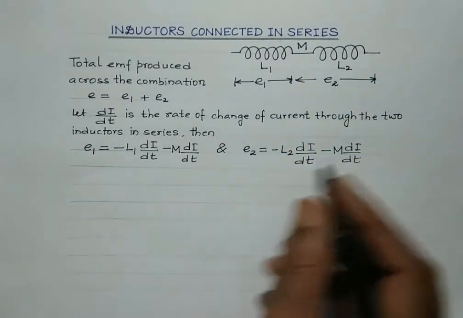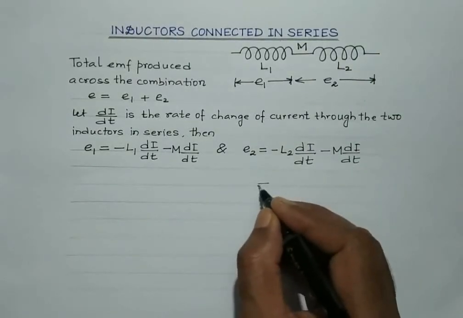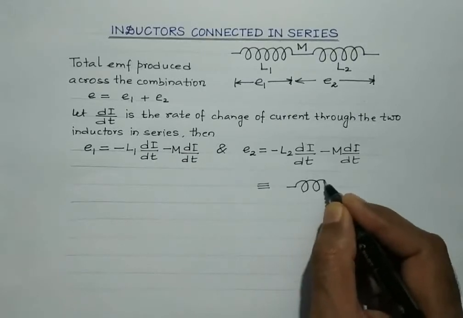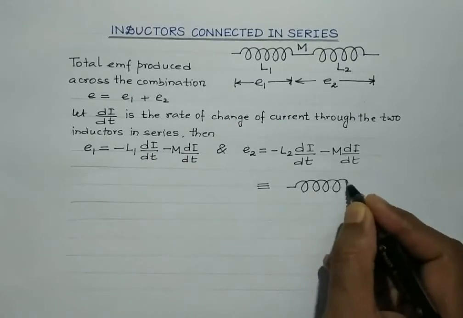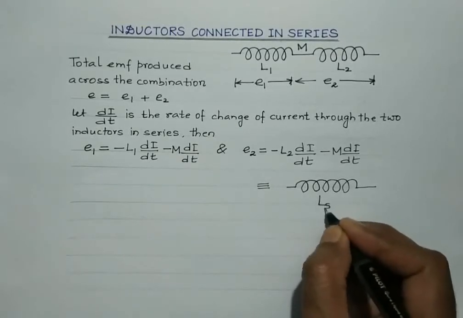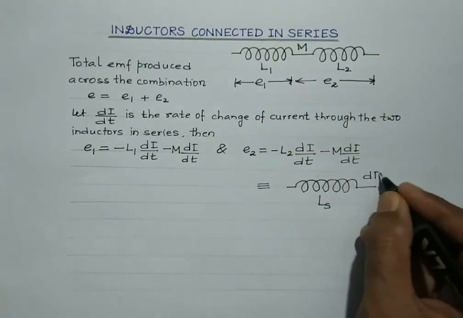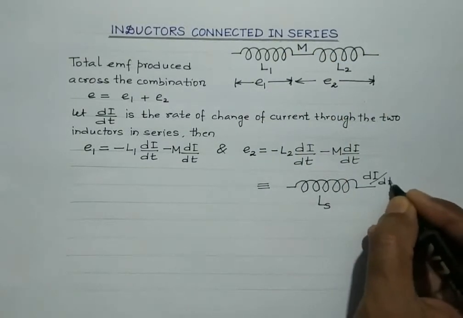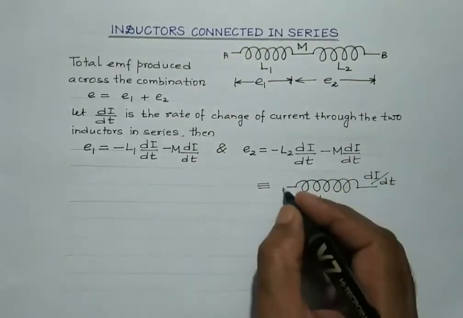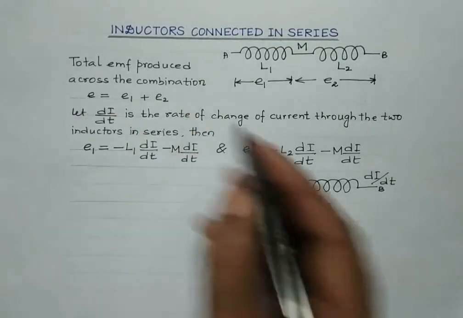And also suppose the resultant is like this. This is the effective inductance of the series combination. Let us assume it to be given by Ls. Since it is the resultant of these two, therefore rate of change of current will remain same. It will be di by dt. And net EMF induced across the points A and B, this is A and this is B, suppose it is considered to be small letter e.